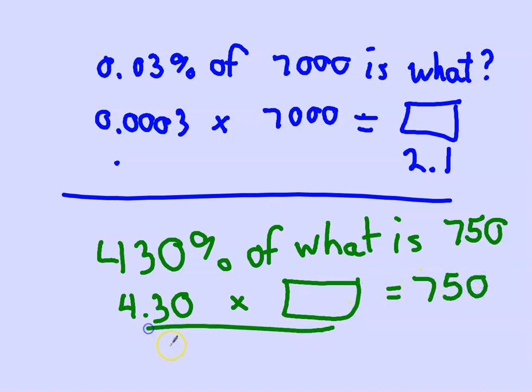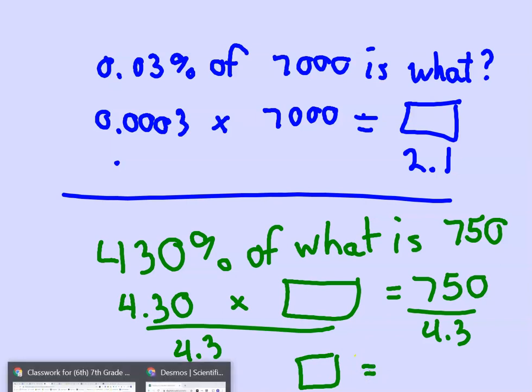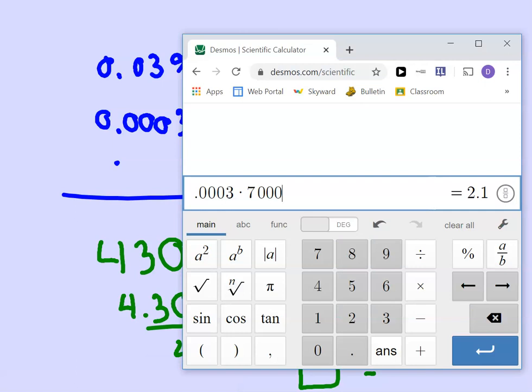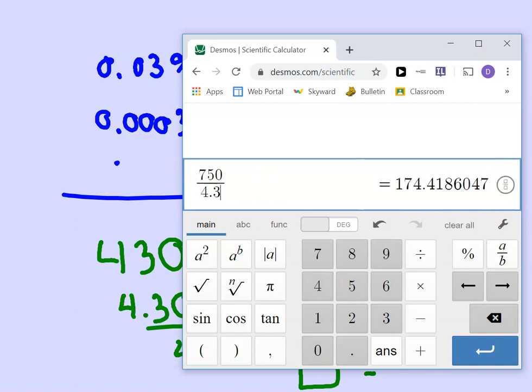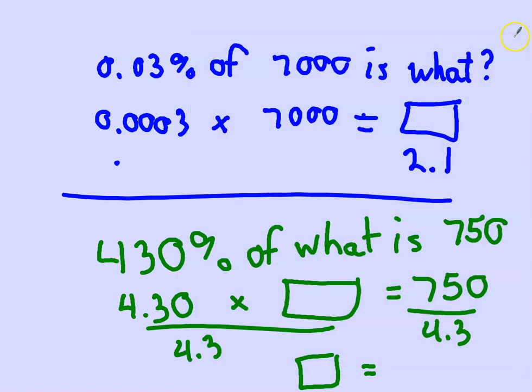And we'll just divide off this 4.3 to find out what the box was. So let's get our calculator. We're going to do 750 divided by 4.3. I get about 174.4.